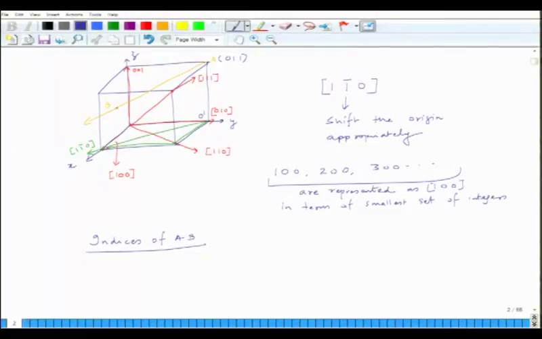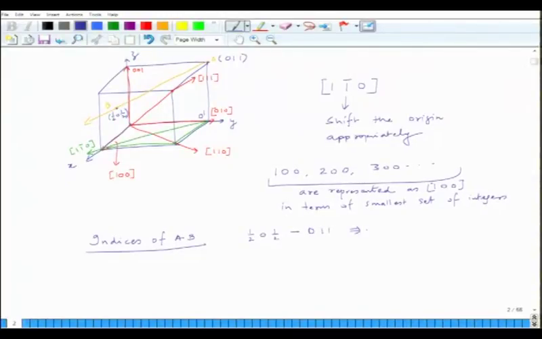And what are the coordinates of this point, the one in the center? This is half of x and half of z, so this is half 0 half. So one way to determine the direction is half 0 half minus 0 1 1.